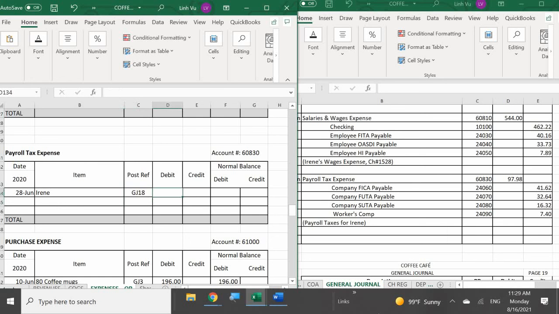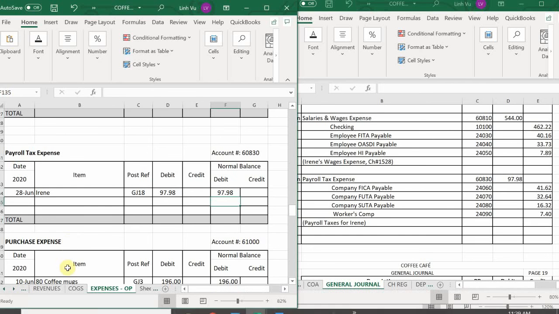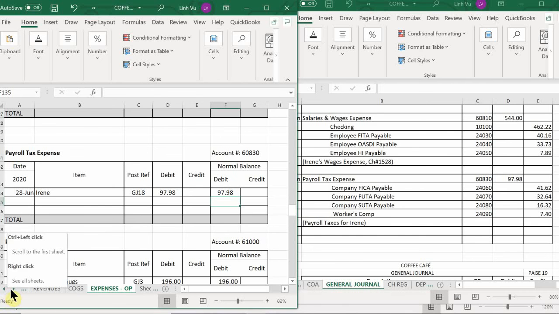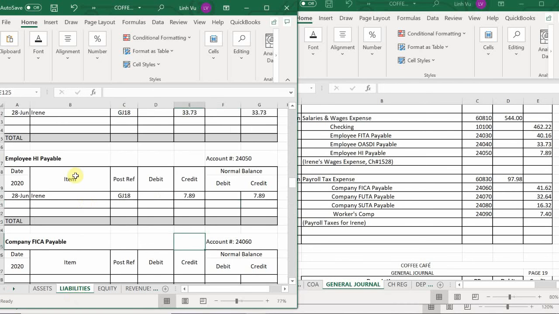And the amount of taxes we have to pay is $97.98. Then we're going to update all of our liabilities, because we're not going to pay the government now. We're going to pay the government later, so we're going to owe the government some money.